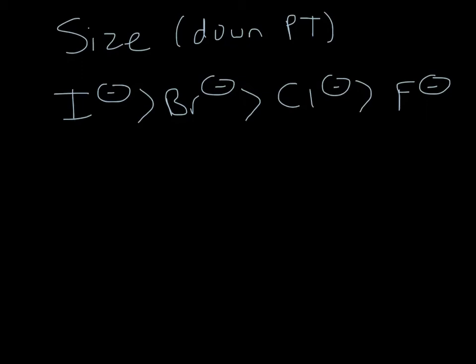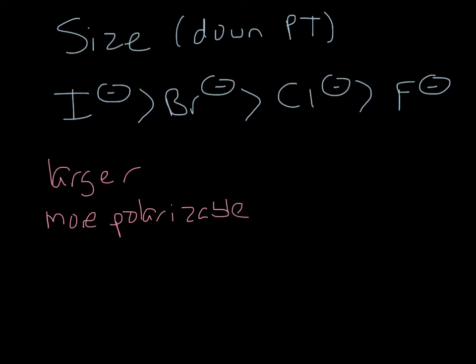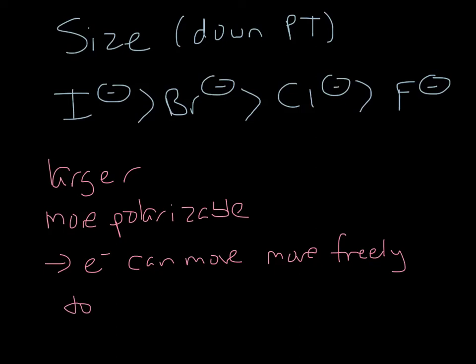So we can say that iodine is larger and more polarizable, which means that its electrons can move more freely towards the electrophile.